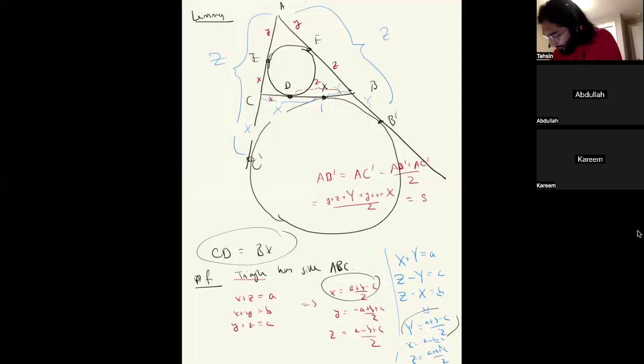Maybe I'll leave the rest of it to verify as an exercise. I think it's just some playing with equations. Does that sound good?